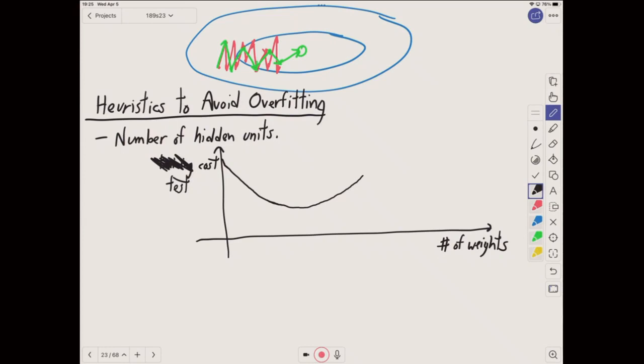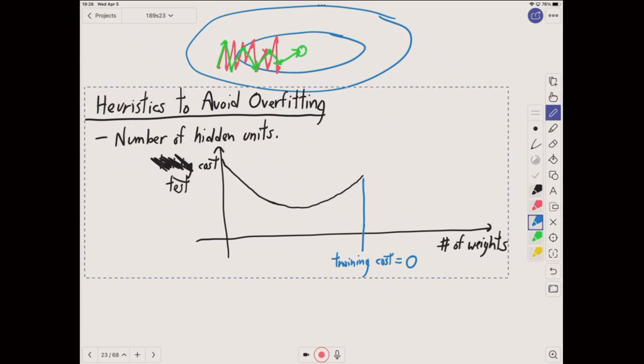But then something really weird happens. When you reach the point where training error is 0, training cost actually is 0, at this point you have added so many parameters to your neural network that it can interpolate the data, meaning that it can give you the exact correct solution for every training point.